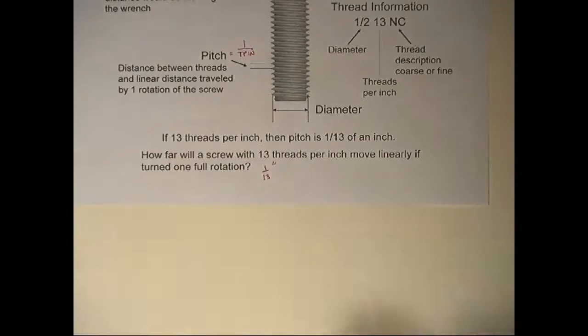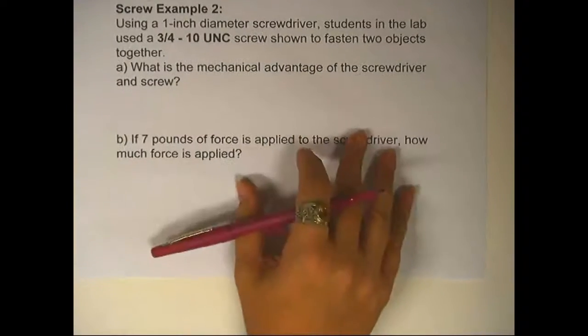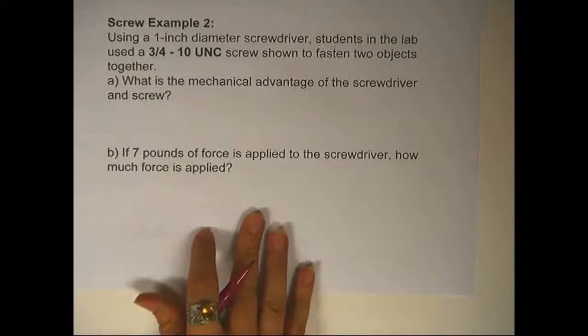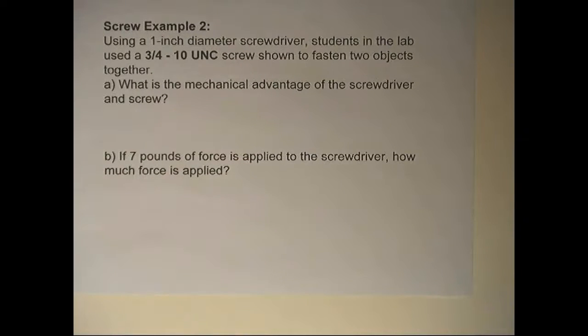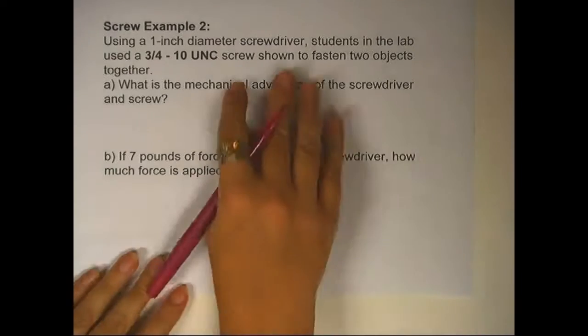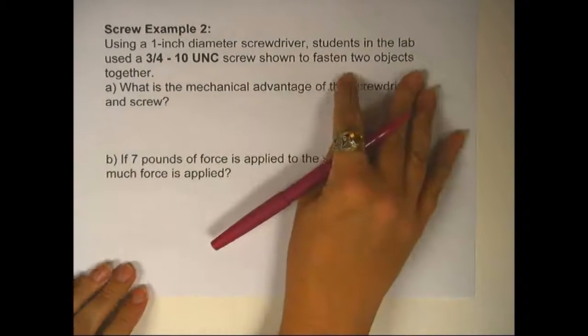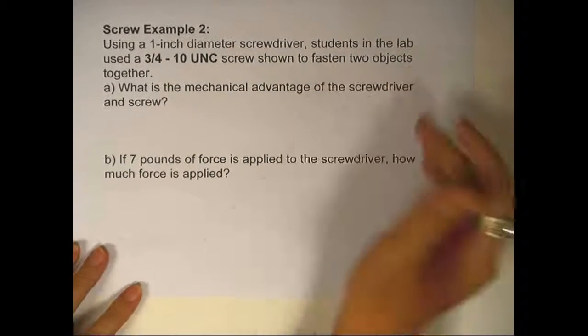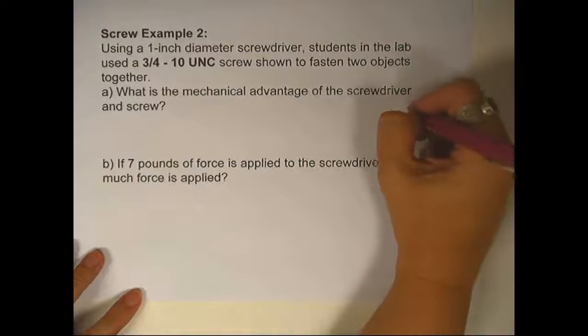Okay, so let's do our example problem. Here's our example problem. So here I have a 1-inch diameter screwdriver, and a student in lab is using this kind of screw to fasten two objects together, and I want to know the mechanical advantage. So first I'm going to draw this out.